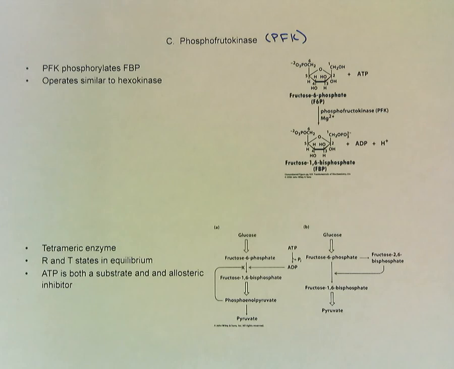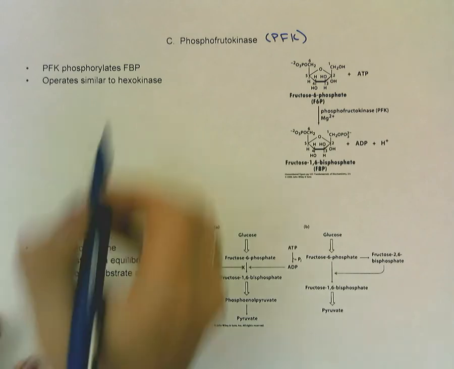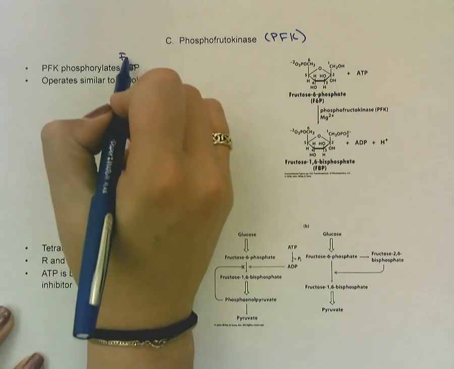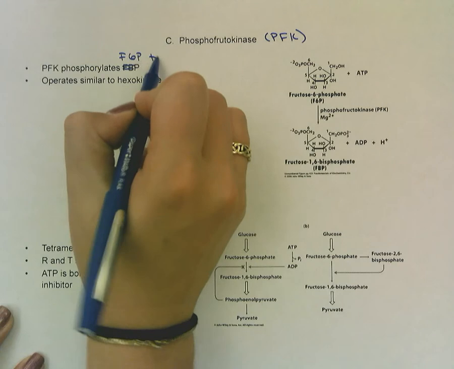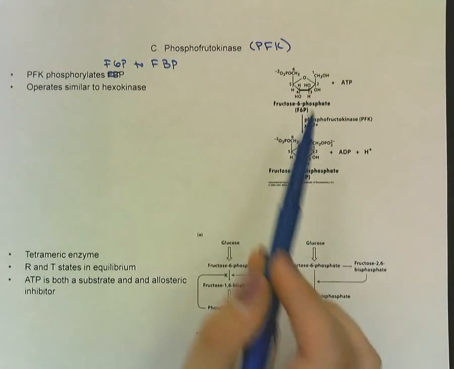All right, so phosphofructokinase phosphorylates, to be more complete, F6P. Okay, so we have fructose 6-phosphate.